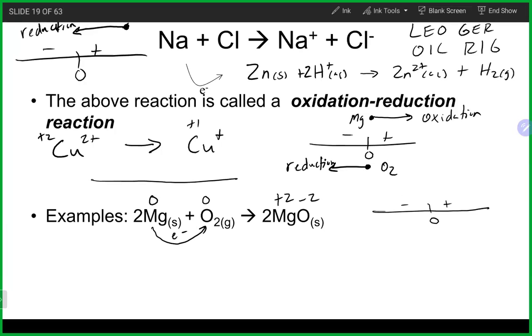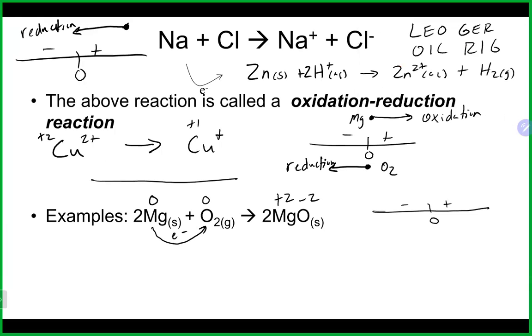In this case, zinc on the left-hand side has no oxidation state, right? It's by itself, basically just a piece of zinc metal. It is 0, right? That is H+, which means it's +1. And over here, that's zinc with a +2 charge, which is +2. And hydrogen over here is by itself naturally how it comes, which is 0. So the zinc is starting at 0 and ending at +2.